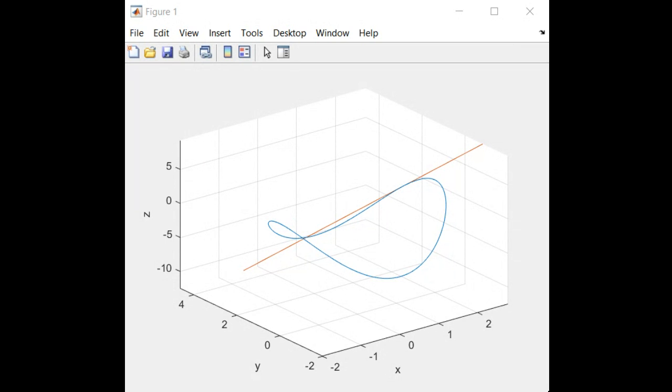Does this look like a tangent line to the space curve at a point? It does. So I think it's a very nice thing to be able to verify your answer geometrically.